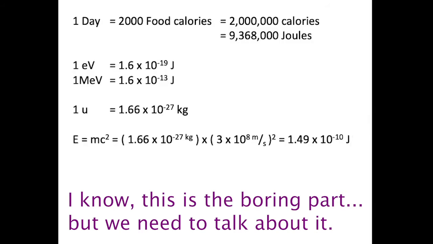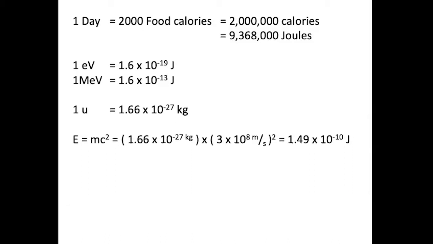If we apply Einstein's E equals mc squared, then 1.66 times 10 to the negative 27th kilograms times 3 times 10 to the 8th meters per second, the speed of light, squared, is almost 1.5 times 10 to the negative 10th joules.